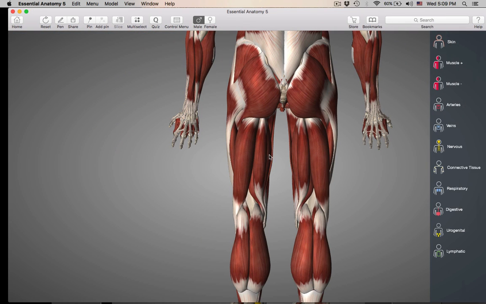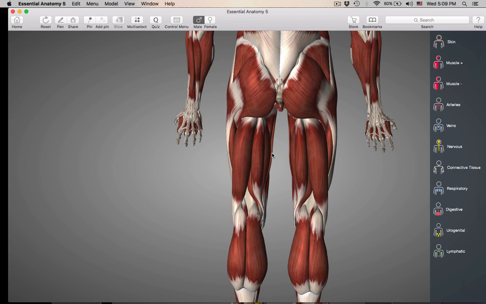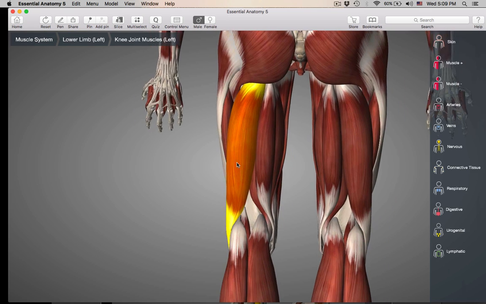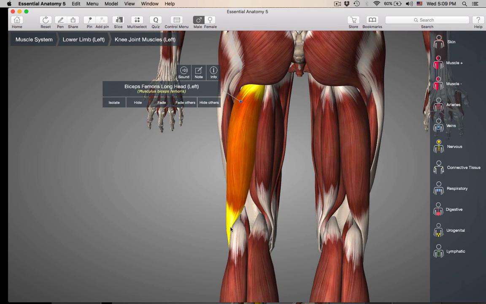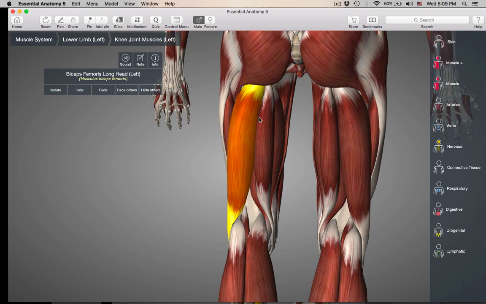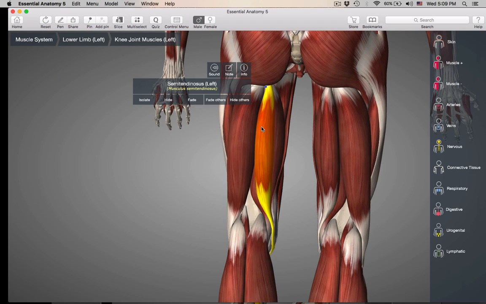So let's just review those three hamstrings again. On your lateral side, on your fibula side, you have your BFF, biceps femoris. Then right next to biceps femoris is semitendinosus, on your tibial side.